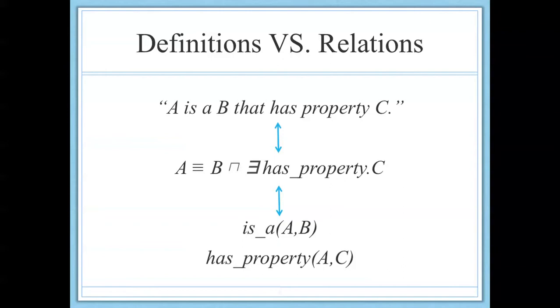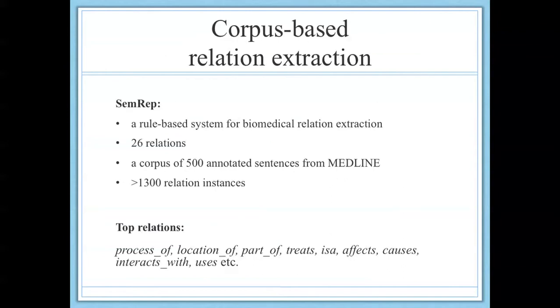At the current stage of the project, we have been doing supervised relation extraction for the biomedical domain, and in this video we report the biggest experiment we have conducted. We used the data from the SEMRAP project. SEMRAP is a biomedical relation extraction system. It defines 26 domain-specific relations, such as treats, effects, causes, part of, and so on.